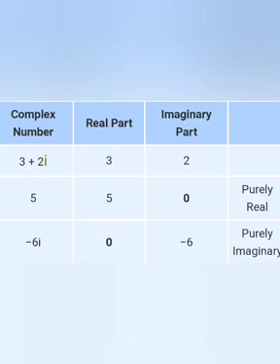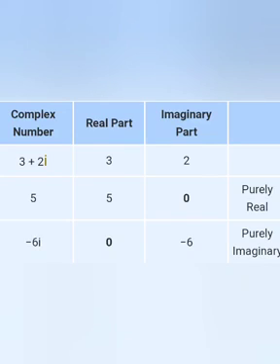One more complex number is minus 6 iota. Its real part is 0 and its imaginary part is minus 6, and this number is purely imaginary. A complex number in which iota is absent is called purely real, and a complex number in which the real part is absent is called purely imaginary.